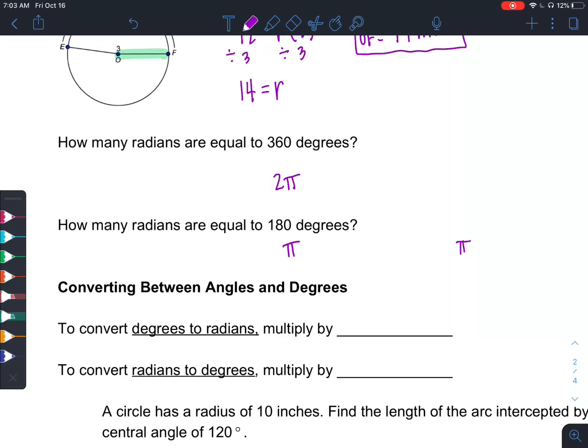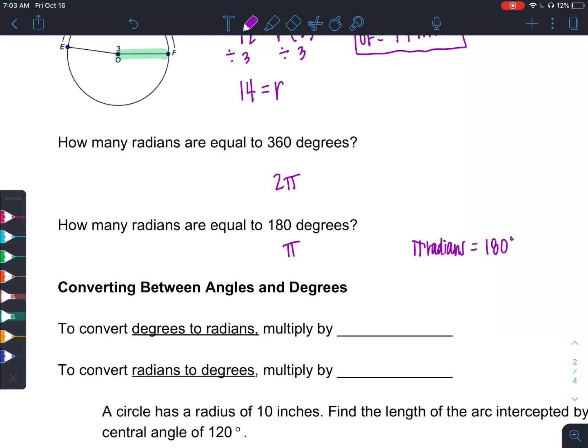So we have that pi is equal to 180 degrees. This is going to be important for, let me actually write this as pi radians. This is going to be an important conversion rate here.